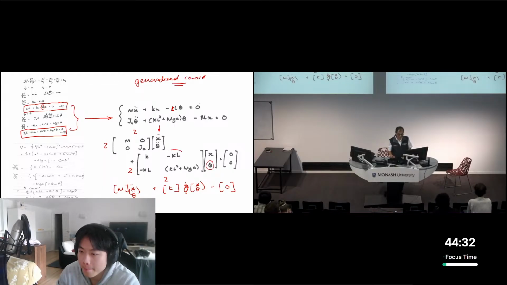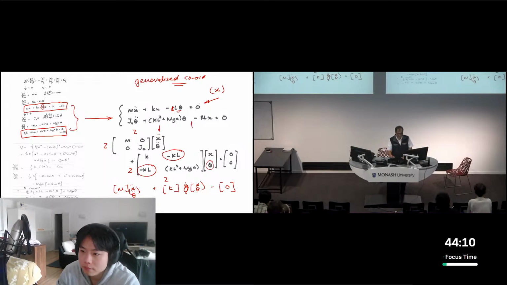Now, if you look at this, these off-diagonal terms are not equal to 0. Now, what that means is that even when I am considering my generalized coordinate x, the things that's happening at theta actually will affect this equation of motion.